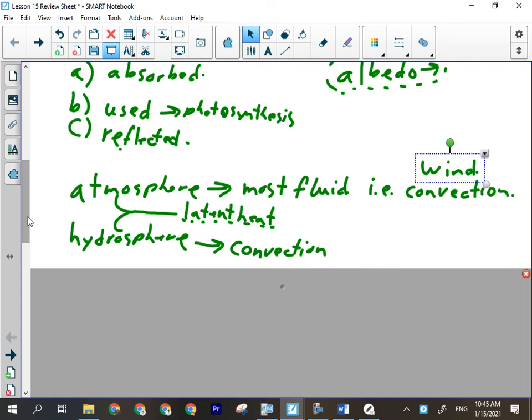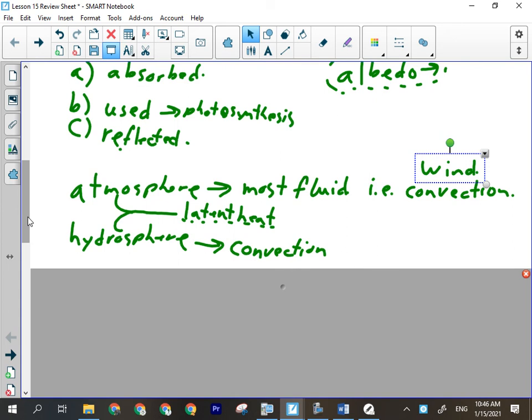Okay, these are the things you need to think about. Yes, you have to memorize some things, but I'm not asking you to just regurgitate them. I'm asking you to apply them. How does energy get moved from the equator? Convection. Explain how it works. Jet stream, moving latent heat, that's moisture-laden air masses going from one place to another, carrying this water vapor, carrying that latent heat and having it go to another place.